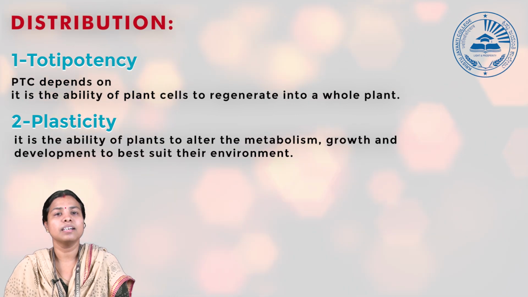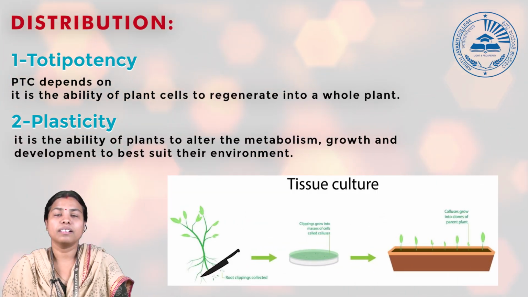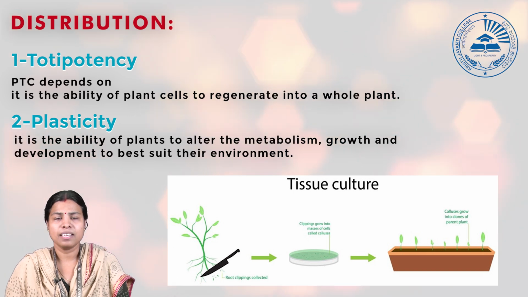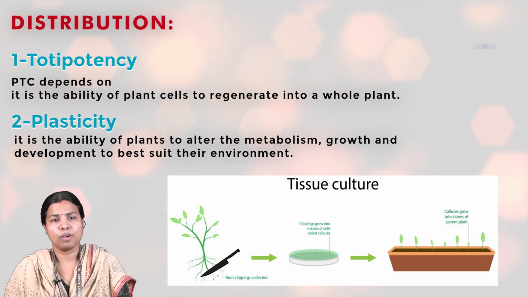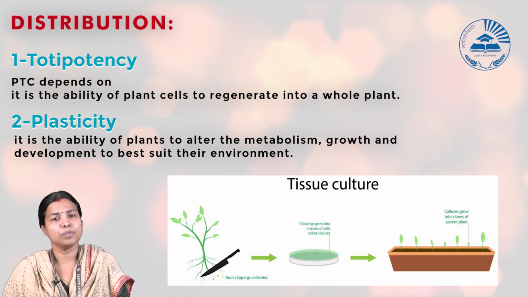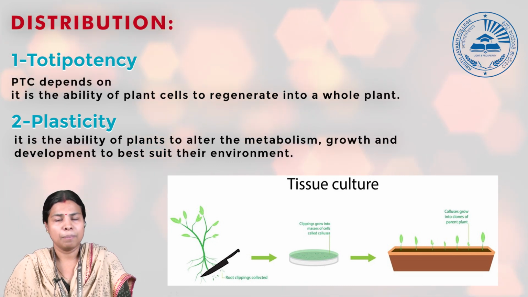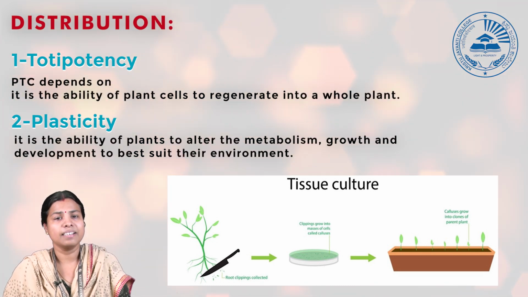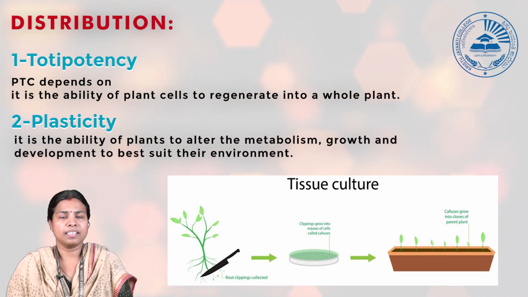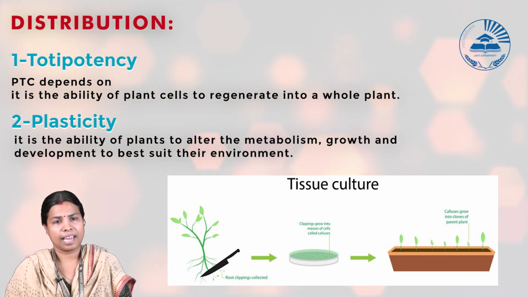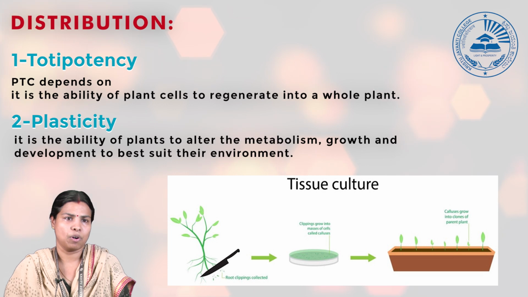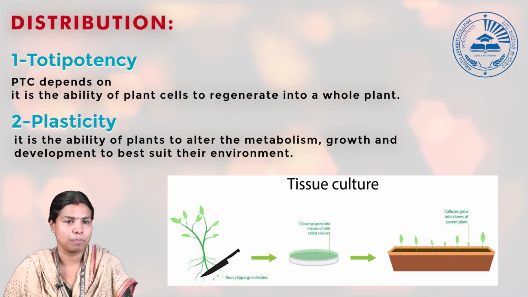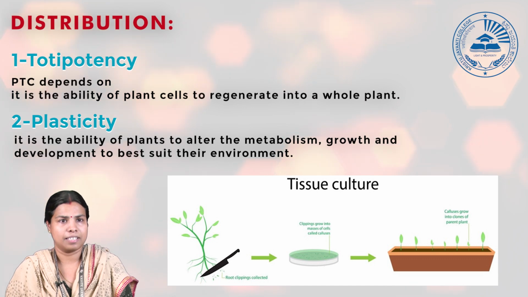When you are using the plant cells or tissues or organs or seeds, the plant is able to alter its metabolism, growth and development to best suit its environment. Because when you are using the cells, tissues, organs or sterile seeds under a controlled environment, they tend to alter their metabolic activity to best suit their environment. So plant tissue culture mainly depends on two principles: one is totipotency, another one is plasticity.